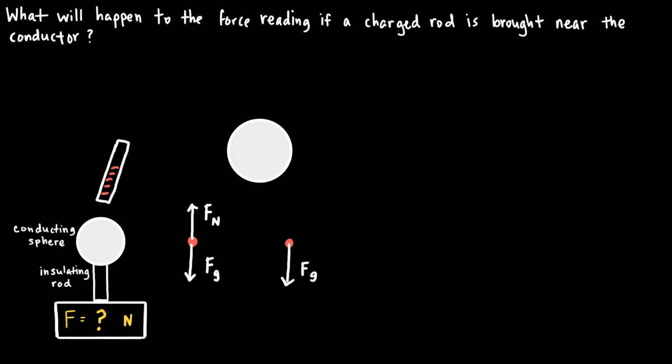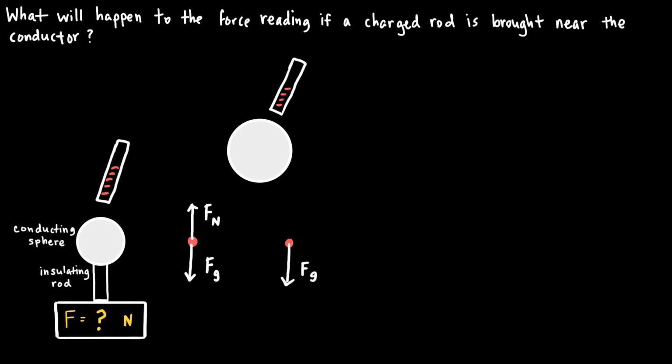So here I'm just drawing the same sphere and the same charged rod over again. When that negatively charged rod is brought nearby, we must understand that inside the conducting sphere there are free electrons that are able to move from one side of the sphere to the other if they experience an electric force.